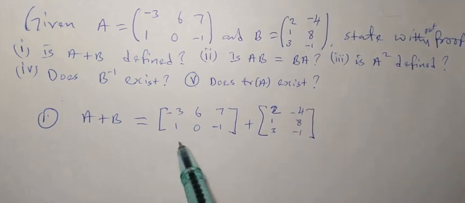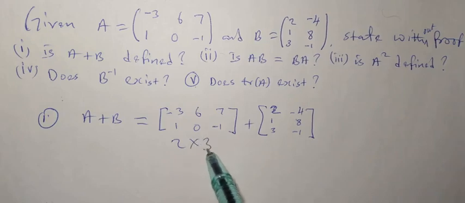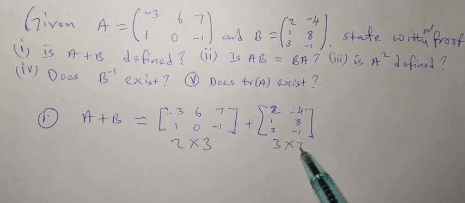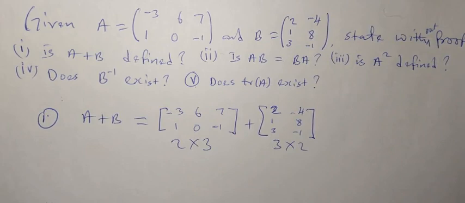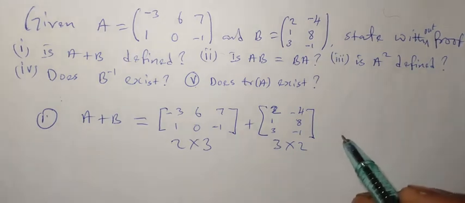This is a 2 by 3 matrix and this is a 3 by 2 matrix. If it were multiplication, this could go, but because it is addition, it cannot.